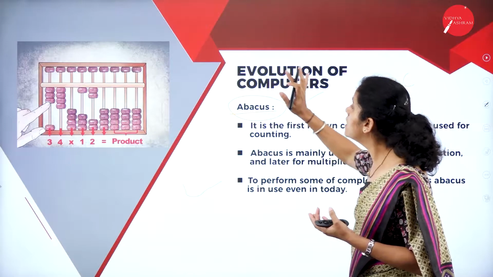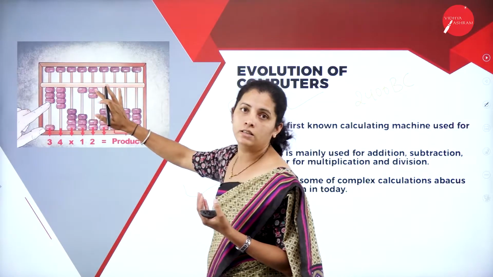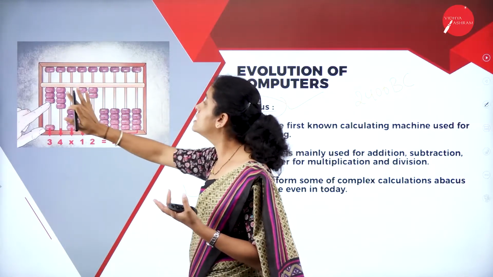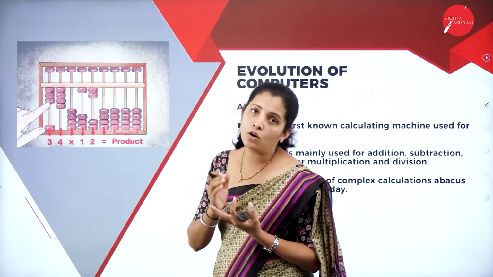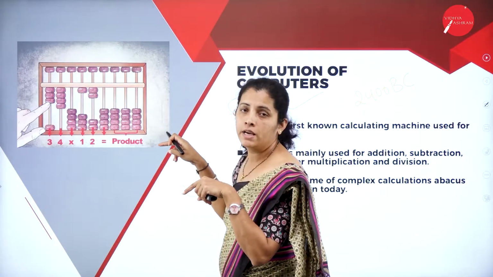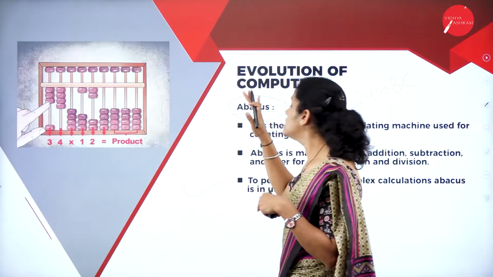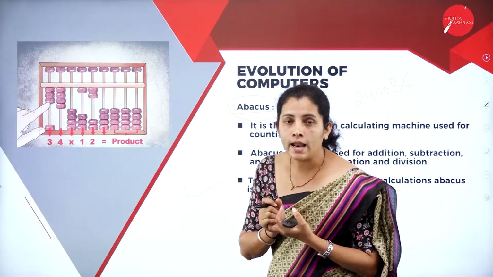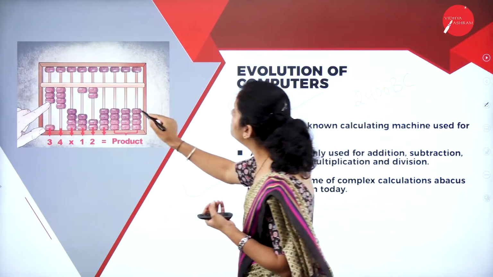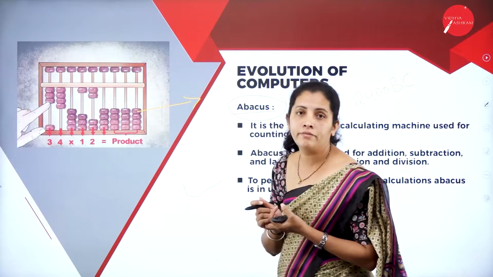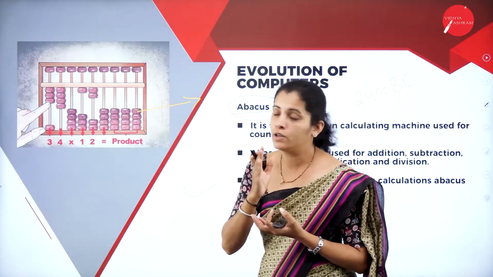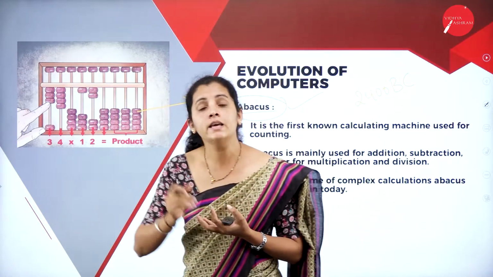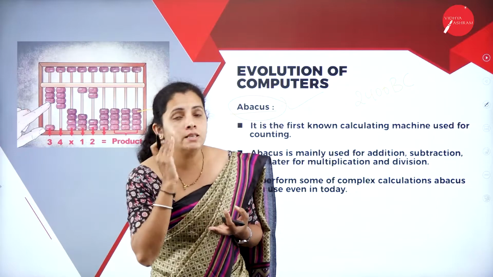To understand this abacus, I'm going to consider this image. In this image, we have certain beads, certain rods and certain frames. The abacus is mainly made up of chords, struts as well as beads. The bead is used to define the decimal digit, whereas the chords are mainly used to define the position of the decimal digit.